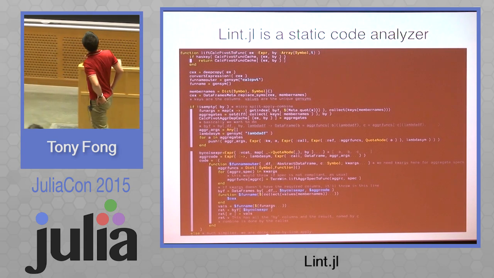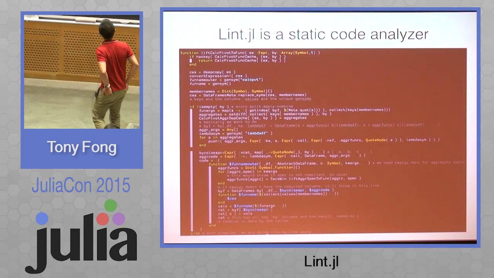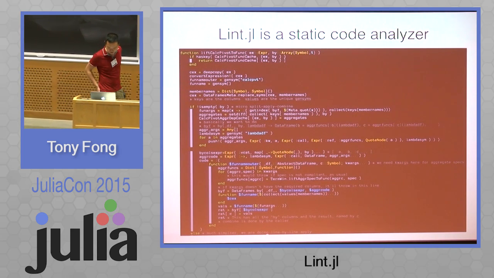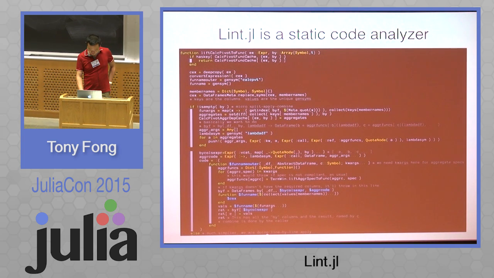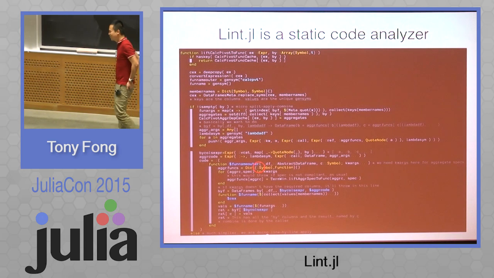Can anyone find it easily? I cannot even see it from this screen. Obviously, it is fairly complicated, using all these quote nodes and expressions, but the answer is here. There's an extra colon there.